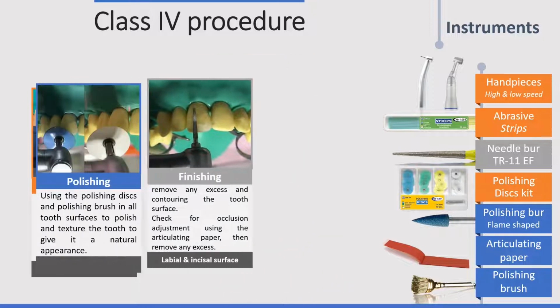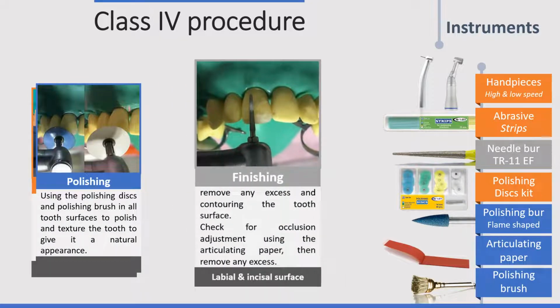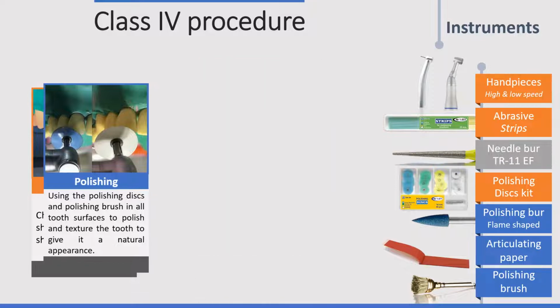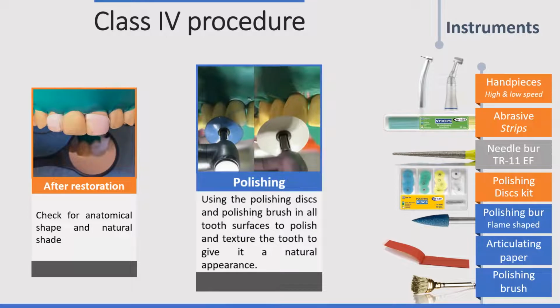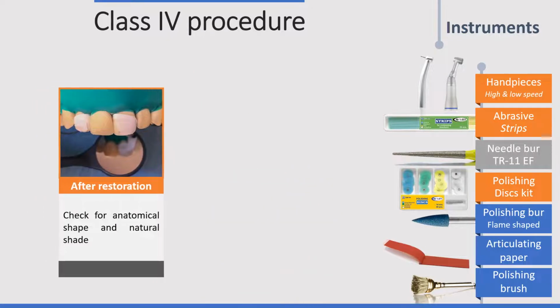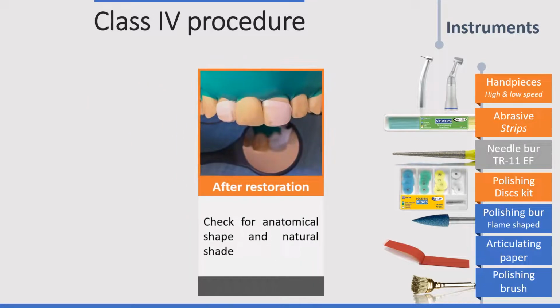Make the facial surface highly polished by removing any excess composite using the handpiece with finishing discs or pairs. Make sure to check the occlusion using articulating paper, and whenever you find excess you can spot it and remove it. Use polishing discs and brush to smoothen the surface of the tooth and give it a natural appearance. Then, a final check for anatomical form and natural shade is done.